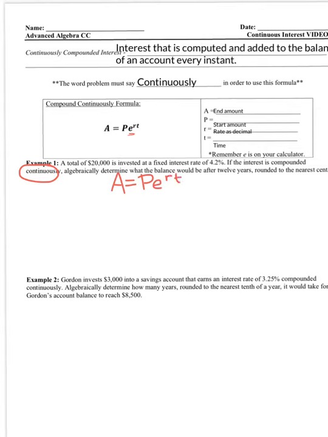The question is, algebraically determine what the balance would be after 12 years. What the balance would be, that means that you are solving for A. You're solving for A, so you have to plug something in for P, for R, and for T. Again, you are not ever plugging anything in for E. E is a number, just represented as the variable E.